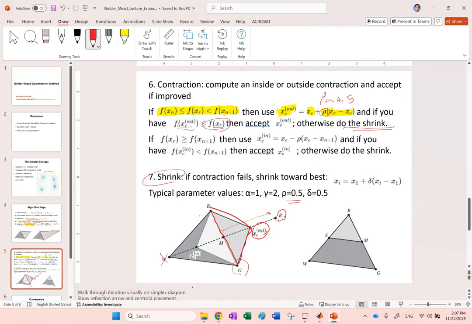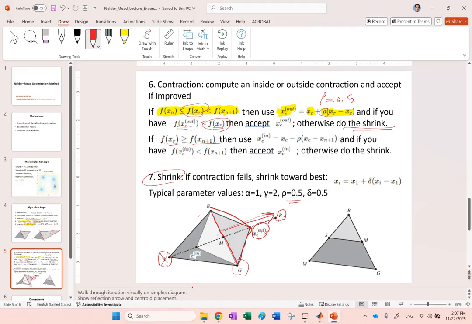Good. Now, this is the scenario that the reflection point was between the second to worst and the worst. Sometimes the reflection point is even worse than the worst. This is like the worst case scenario, that you got the reflection point, you did not do any good, you got even a worse result than the W. Then what? Say, well, guess what? You should not go in that direction at all. That was definitely a bad direction to go.